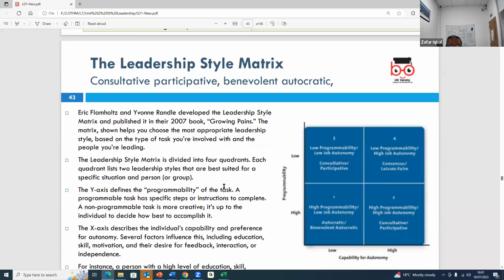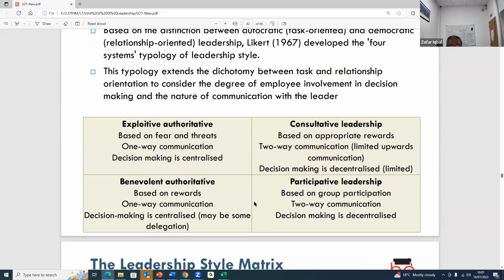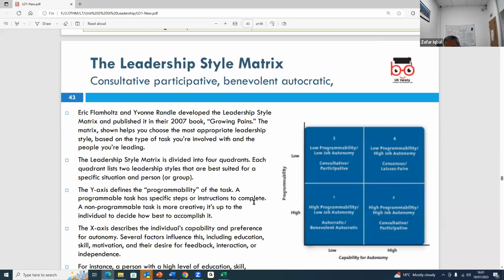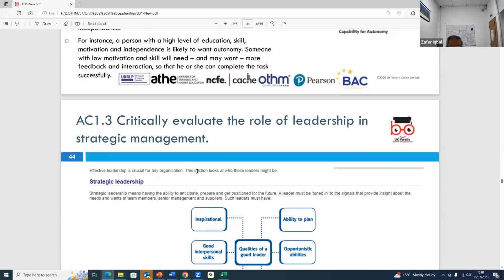Then you can look at the leadership style matrix, in the sense that these four types of leadership styles have evolved into different types of leadership style later, which are termed consultative, participative, benevolent, autocratic. They have been built upon the leadership styles we earlier looked at. So you can study that and make sure that you know the terms of these.